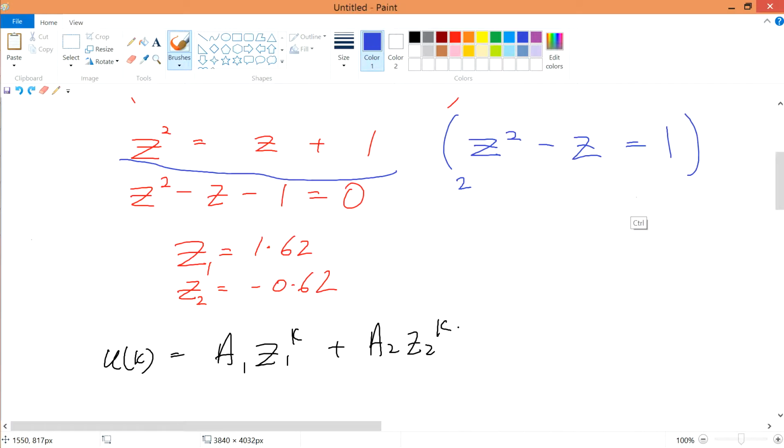Now if we sub in minus 0.62 into z squared minus z, we also have an outcome equals to 1. Now the cheat code also comes in: when you add z1 and z2 together, your outcome will also become equals to 1. I don't know how the equation will work, but this is something of the cheat code. So when you add them together, you'll still get back the same equation equals to 1.